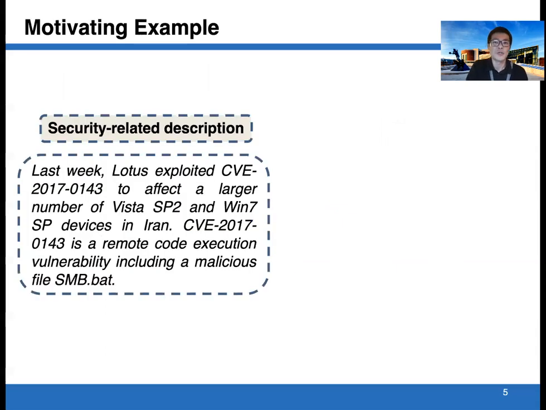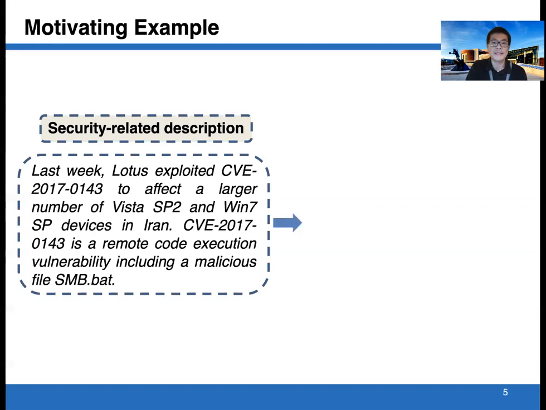Before we delve into our proposed system, let me walk you through a motivating example. Here we are given a security-related post. So last week, Lotus exploited CVE 2017 to affect a larger number of Vista SP2 and Windows 7 SP devices in Iran. CVE 2017 is a remote code execution vulnerability, including a malicious file, SMB.bat.